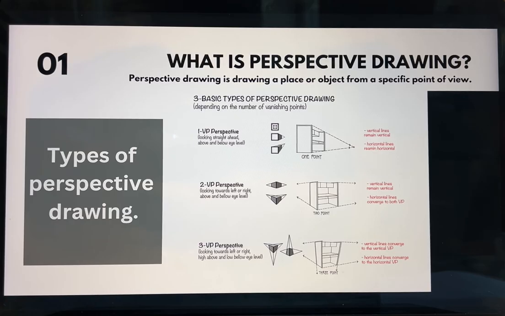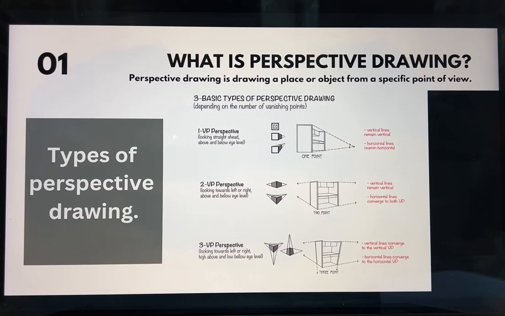So you can have 1 point where all the lines meet, or 2 points going to the left or the right, or as you see on the bottom, 3-point, which is showing left, right, and also perspective going up and down. I've only ever gotten as high as 3-point, and that one made my brain hurt, so I usually just stick to 1-point and 2-point.